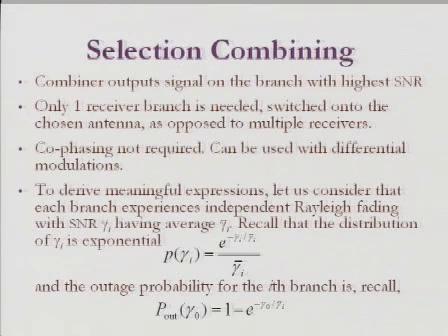So we can just grab one radio in the receiver and just connect it to the antenna that we choose, and that's it. In the other techniques, we're going to see that we're going to need multiple radios to demodulate all the signals. Another advantage is that cophasing is not required because we don't add up multiple signals. We only add one, which is the best. And so we don't have to align the phases, and so we can use these also with differential modulation. That's an advantage.